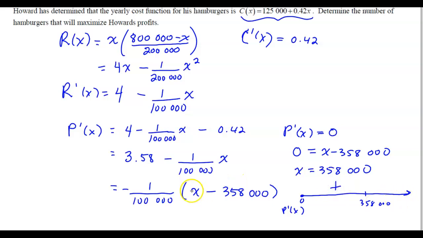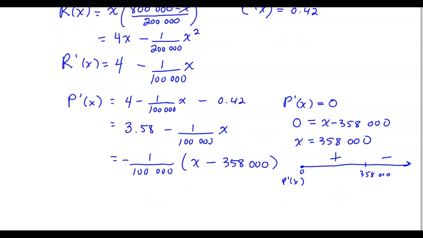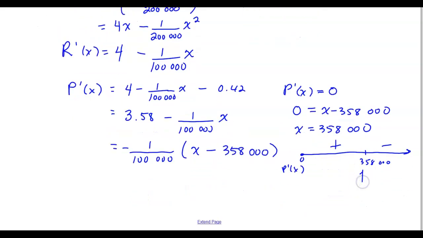And then if anything more than that, this bracket will be positive. So a negative times a positive is a negative. And so this will be a local max.